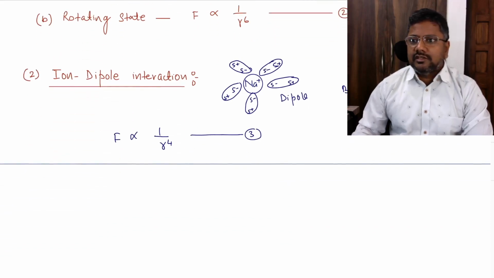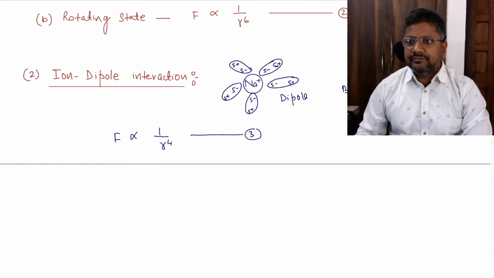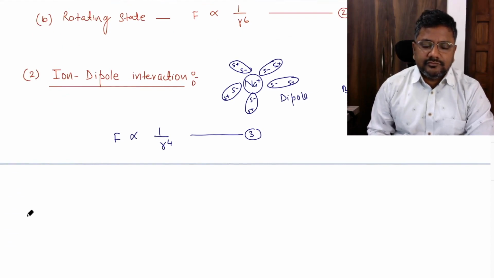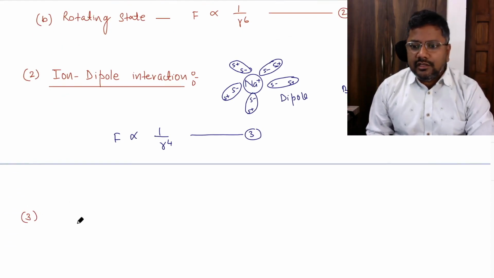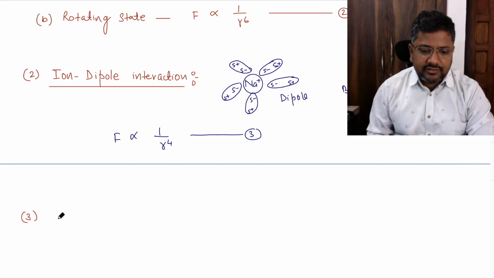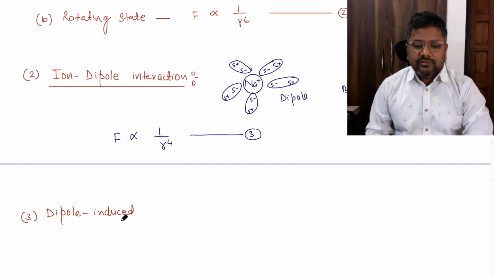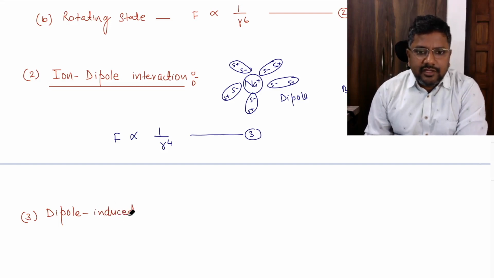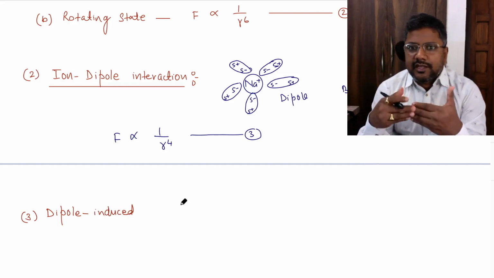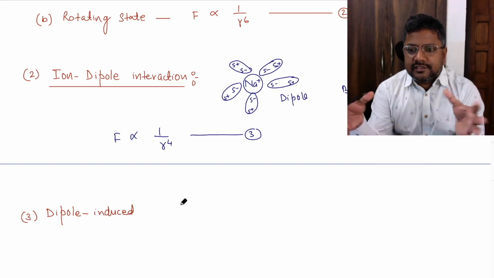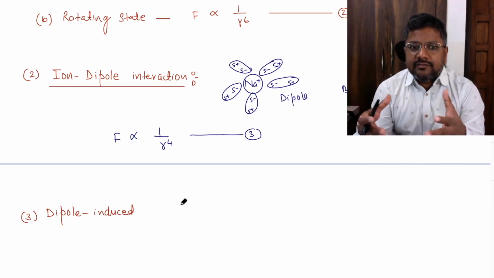Now come to the third case. Third case is dipole induced dipole interaction, right? All of you know what is the meaning of induced. The property is not there originally, but it is induced by some neighboring molecules.